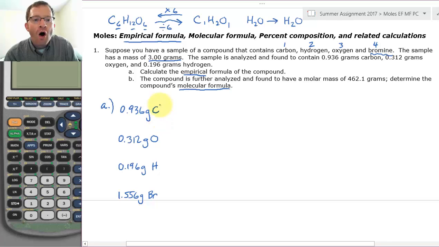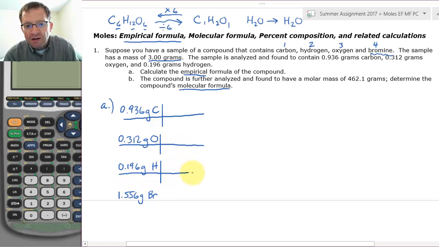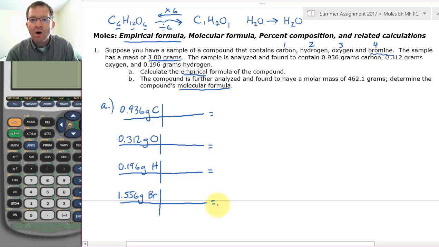I'm going to need to convert all 4 of these elements into moles. And the reason that we do that, again, it's kind of a first year idea, but in compounds, elements relate to each other and form compounds in ratios of atoms to atoms, not grams to grams, not liters to liters or anything else, but atoms to atoms. And we can't count atoms directly, so we use the quantity of the mole, which represents the number of atoms.